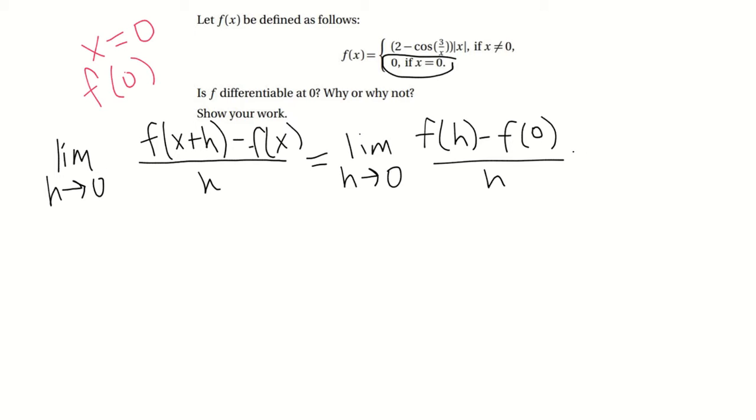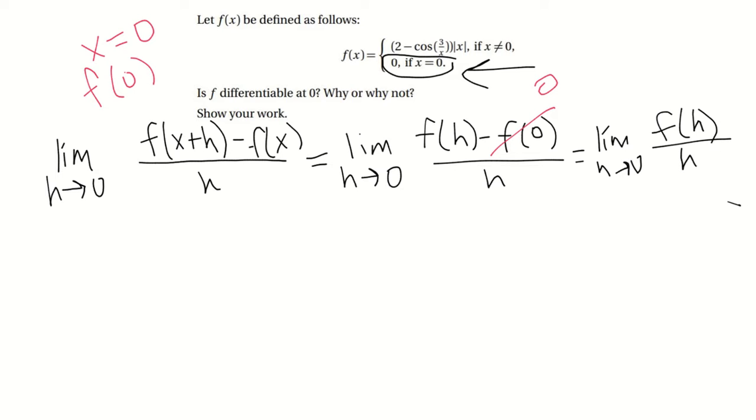Okay, so this is going to be the limit as h goes to 0 of f of h minus f of 0. Well, we know that is just 0, so that's going to be 0. So limit h goes to 0 of f of h over h.